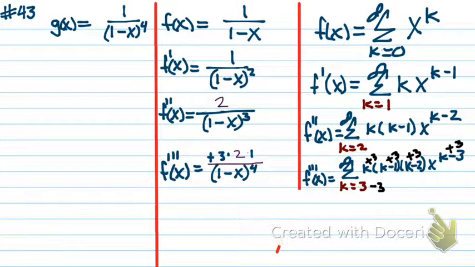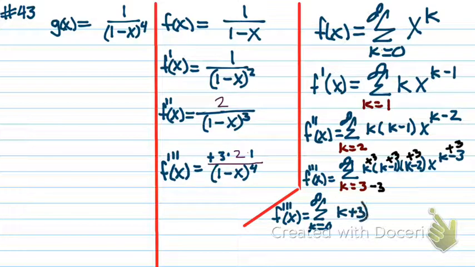And I do my arithmetic. We're looking at the third derivative of f, and that's going to be equal to the sum from k equals 0 to infinity. Because k plus 3 is k plus 3, k minus 1 plus 3 is k plus 2, k minus 2 plus 3 is k plus 1, and then x to the k minus 3 plus 3 is just k.